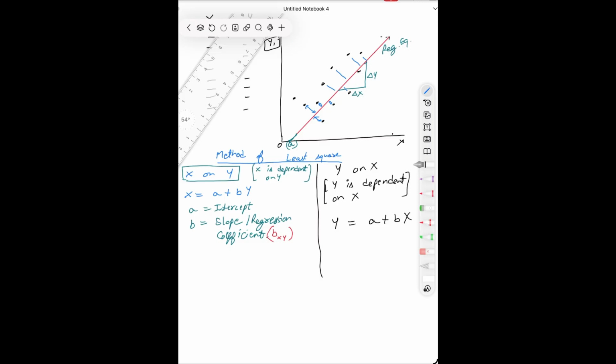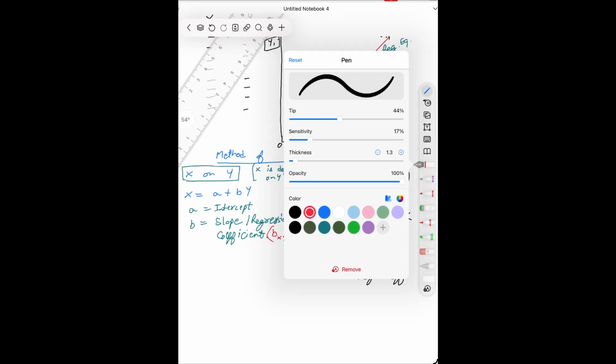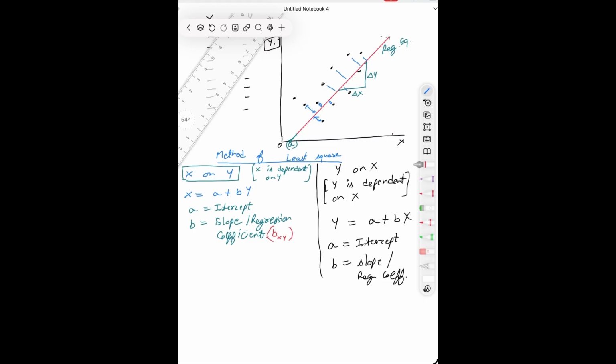Now, again, A would represent the intercept, B will be the slope or regression coefficient. But to differentiate between earlier B and this B, we would be using the term at a later stage as B subscript yx. So what does it mean? It means regression coefficient of the regression line y on x.